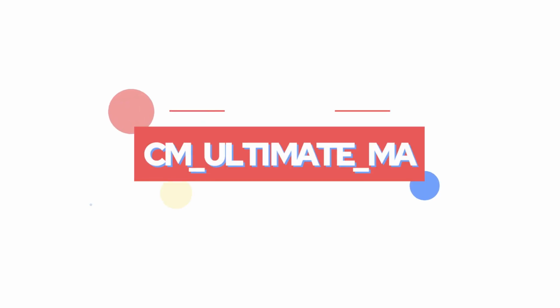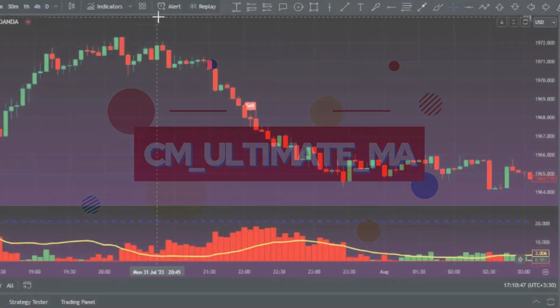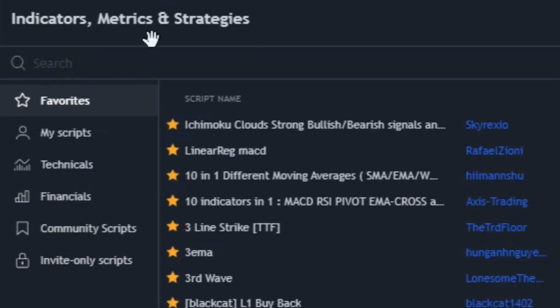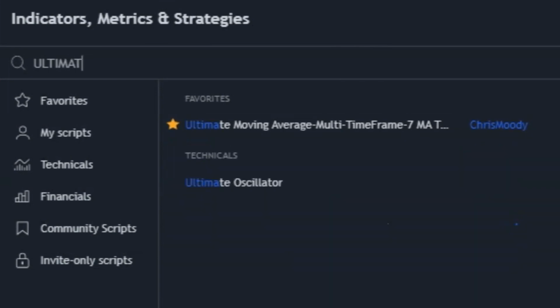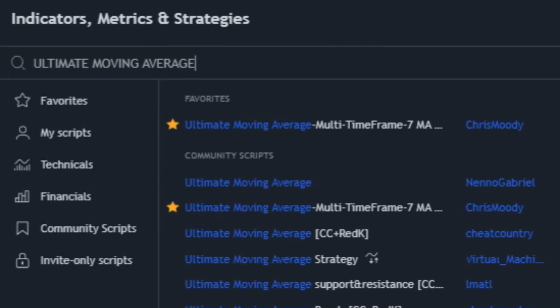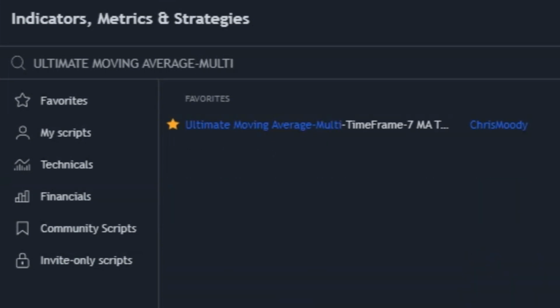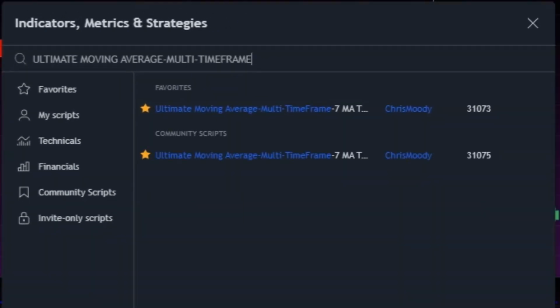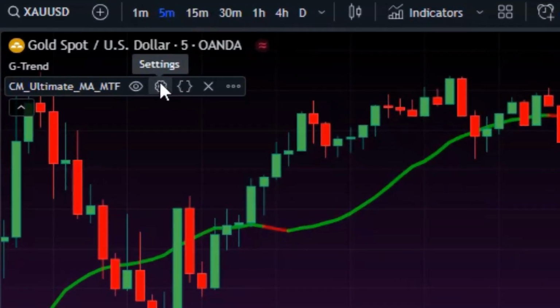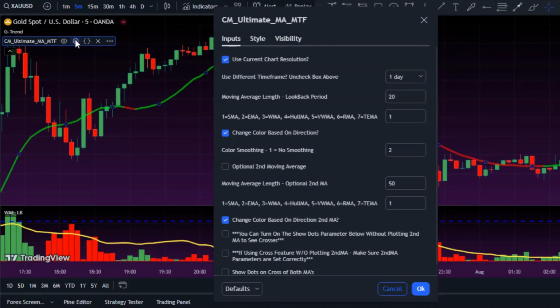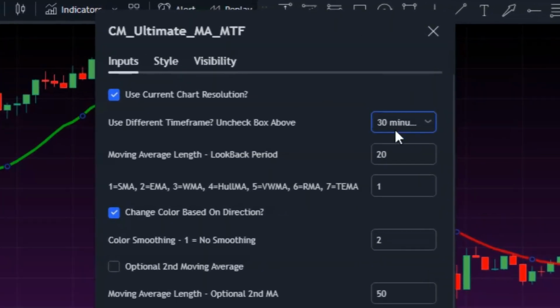Now for the final step, we need to add the ultimate moving average multi-time frame indicator. After adding it to the chart, to turn this into a long-term trend indicator, make exactly the same settings changes that I made step by step.